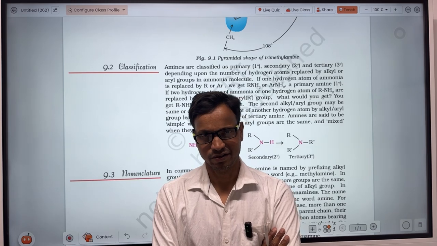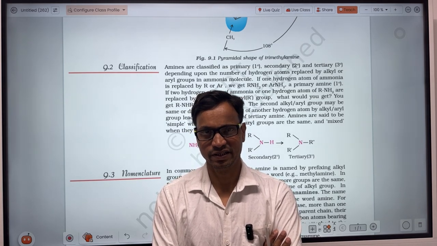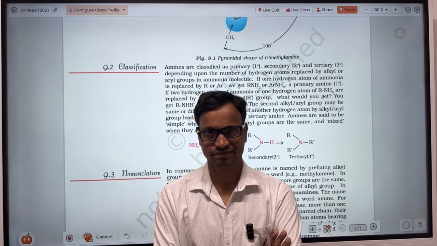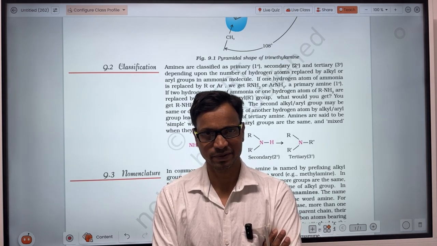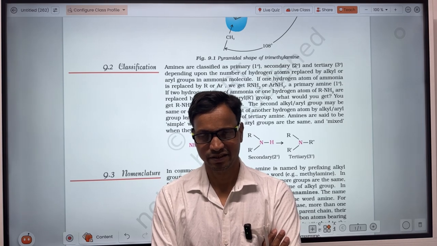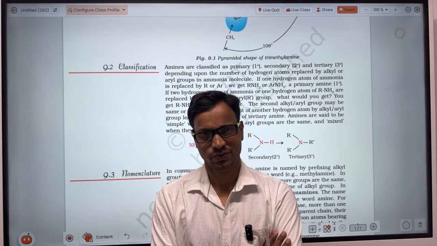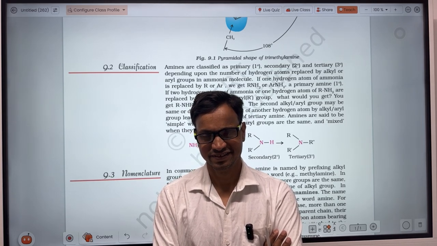In haloalkanes or alcohols, if the functional group, halogen or OH, is bonded to a 1 degree carbon atom, then it is a 1 degree haloalkane or 1 degree alcohol.